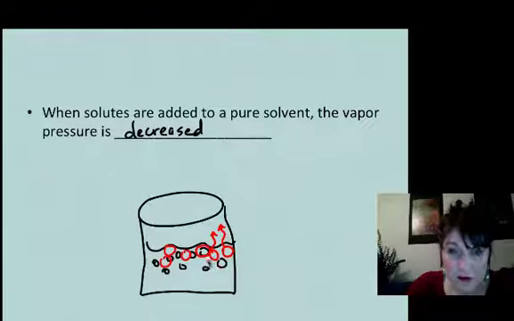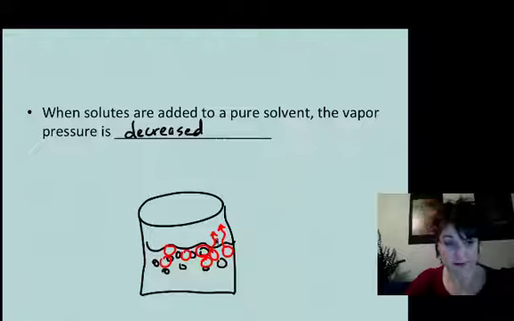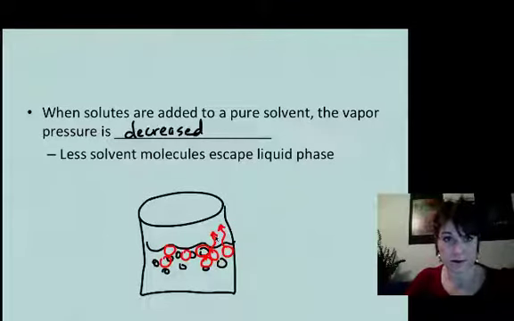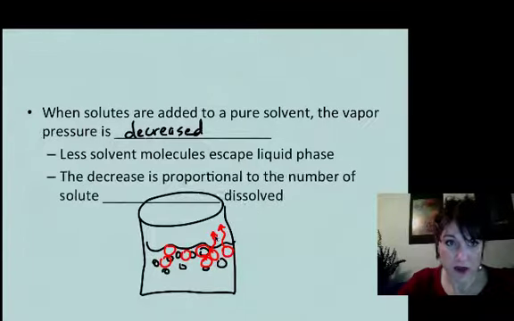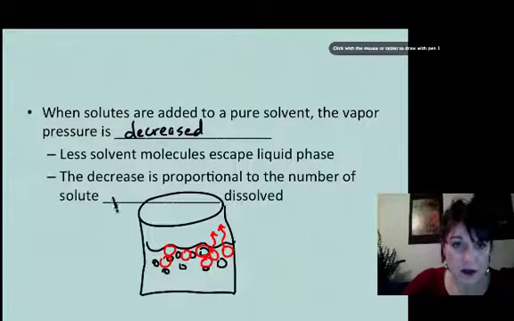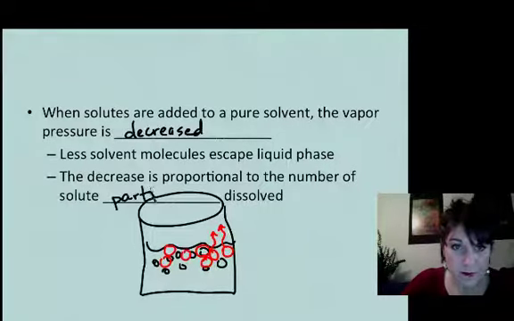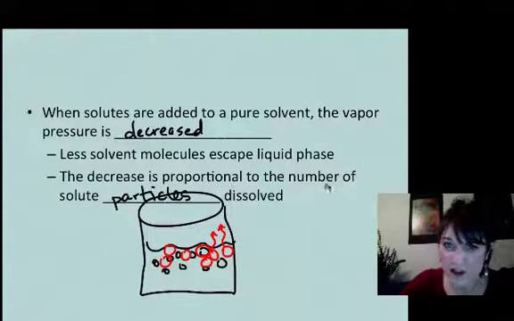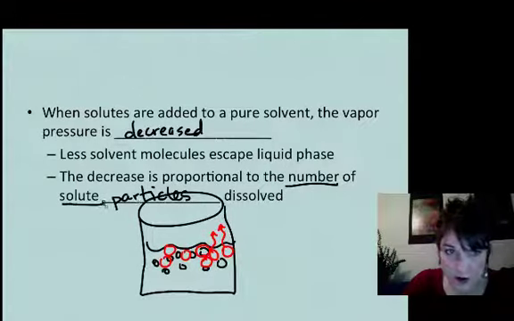That's going to prevent other particles from leaving because it's in the way. So when fewer solvent molecules can escape into the vapor phase, that decreases the vapor pressure proportional to the number of particles that are dissolved. Remember I told you that it's going to come up a lot, the number of solute particles.